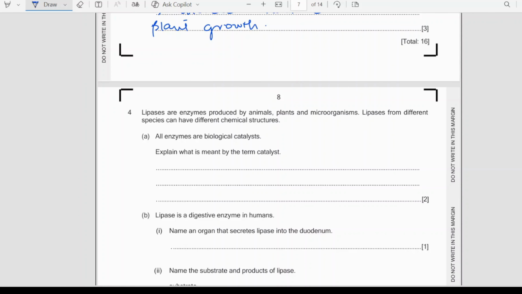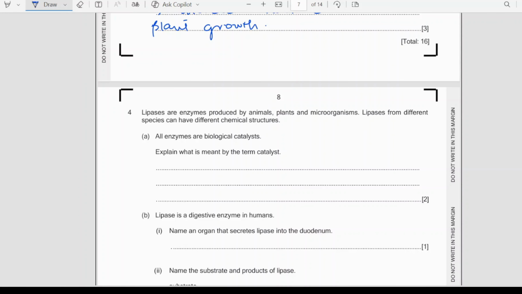A catalyst is something that, yes, without getting used up, or you can also say that remains unchanged in the reaction.